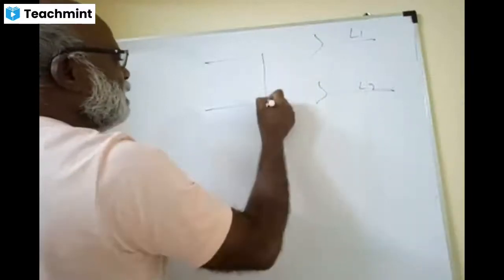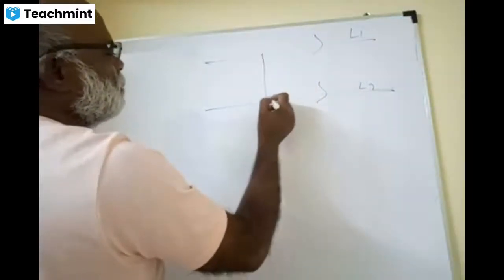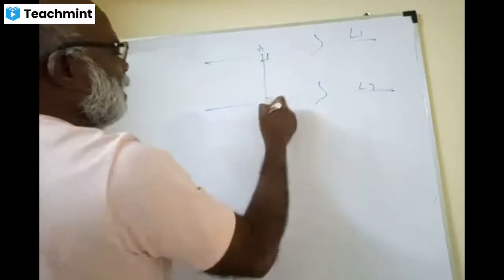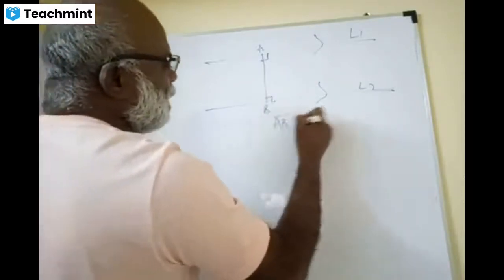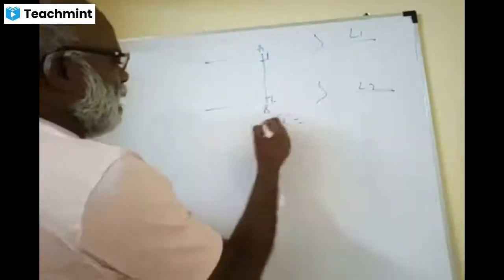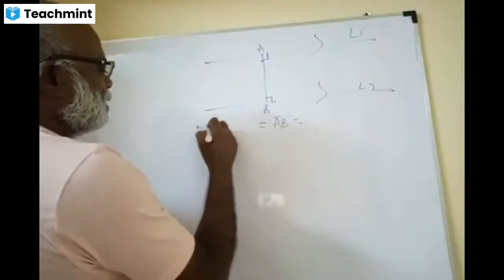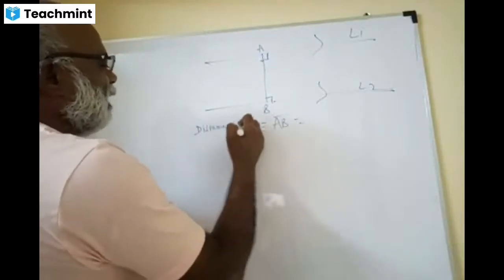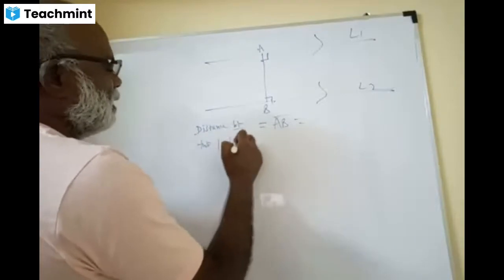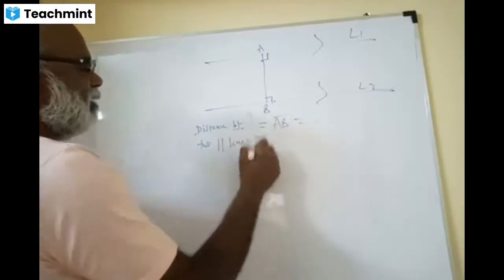Therefore, what is the distance between them? If this is perpendicular, what is this AB? Now the question is, what is the distance between the two parallel lines? That is the heading, my dears. So AB is called the distance between two parallel lines. This is our heading.